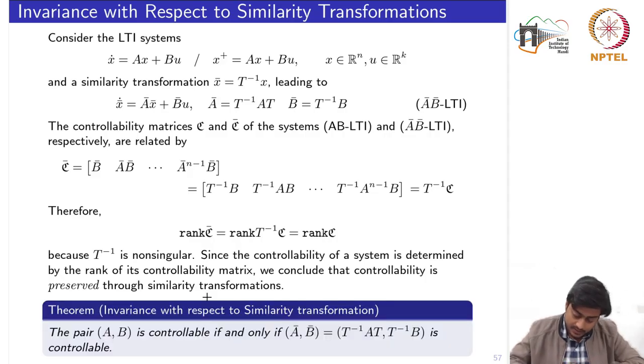Okay, and this is the key result, that either you say that the controllability is invariant under any similarity transformation, or you say the pair A, B is controllable if and only if this pair A bar, B bar is also controllable, where A bar, B bar are specifically given in terms of A, B and the similarity transformation matrix. So the proof of this theorem is in fact given above. So we started with, this is what we call the proof by construction, and then finally give the result. Okay.